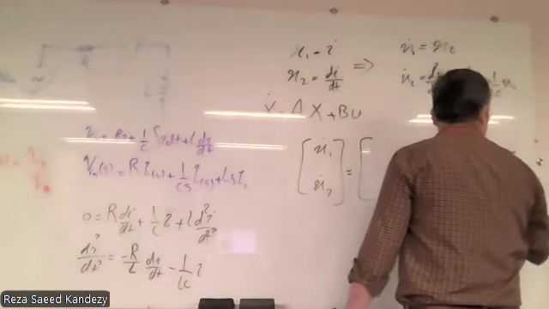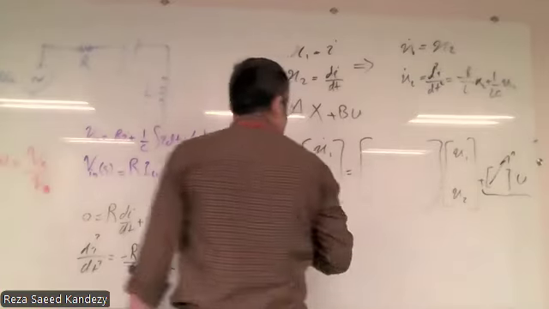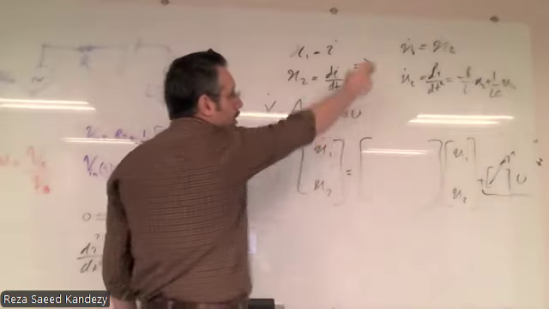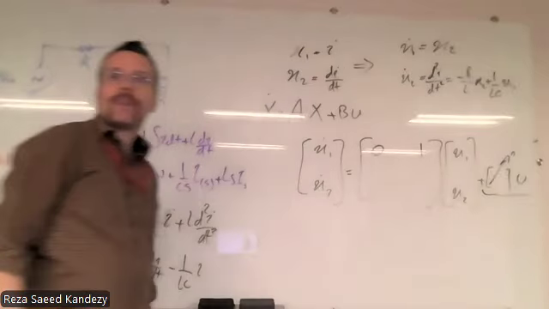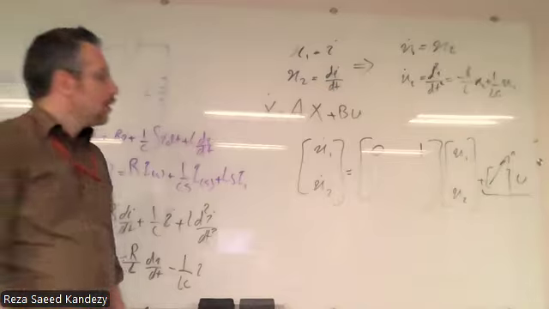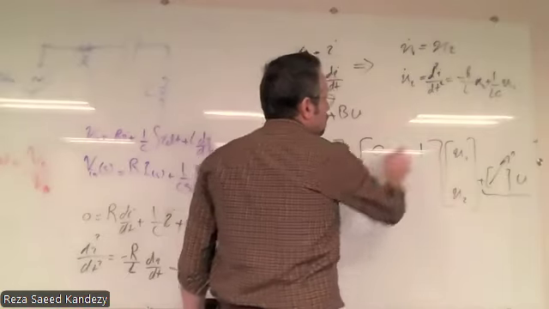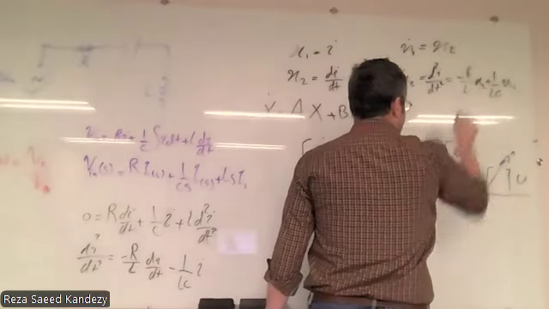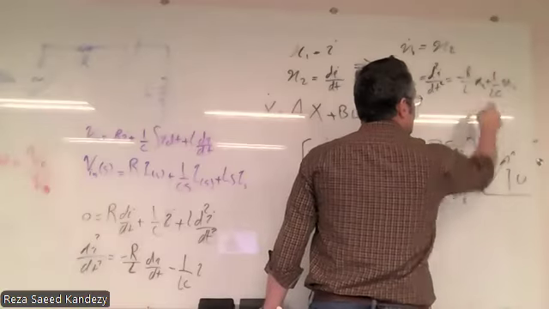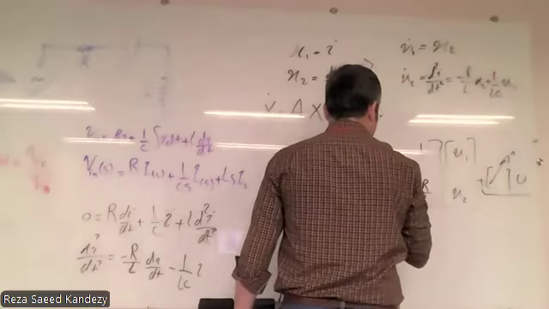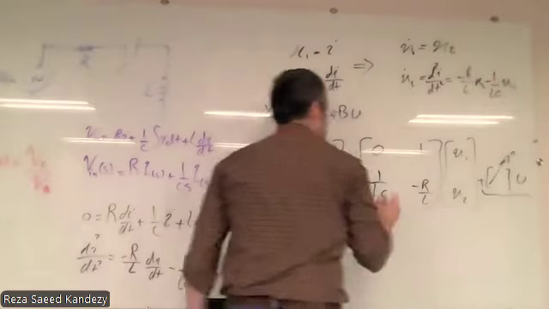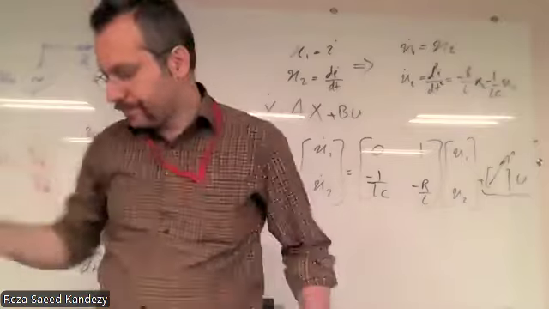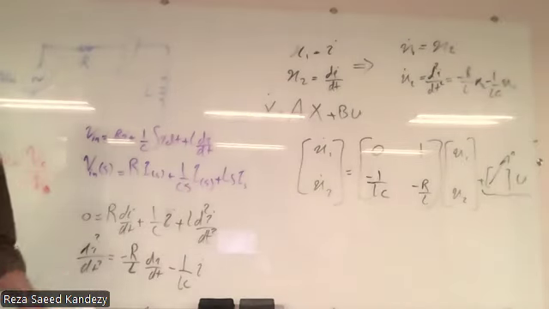So we basically can ignore this one. x1 dot is equal to x2. So this is 0, 1. Very good. Now, x2 dot is equal to minus R over L x2 and 1 over LC x1. So minus 1. Yes, sorry. Thank you. Now you have your state space model.